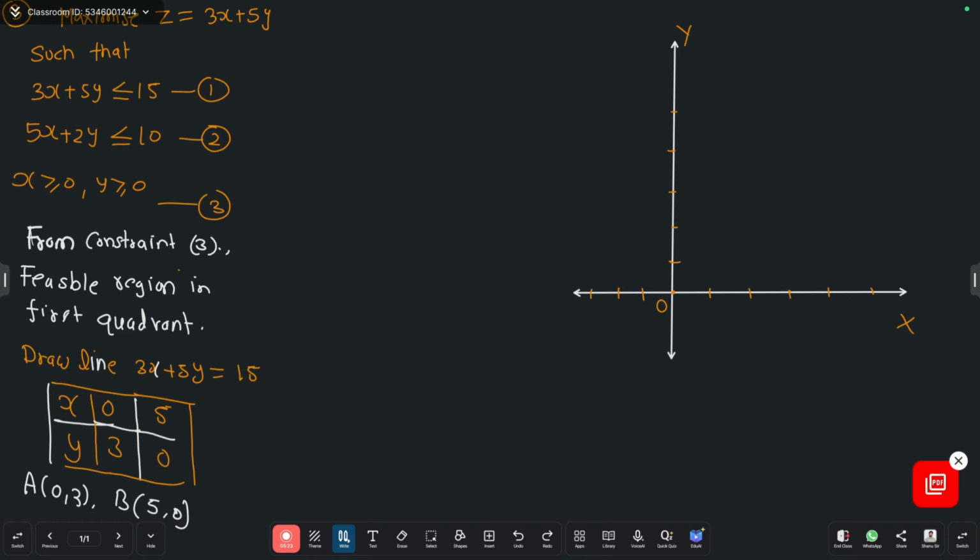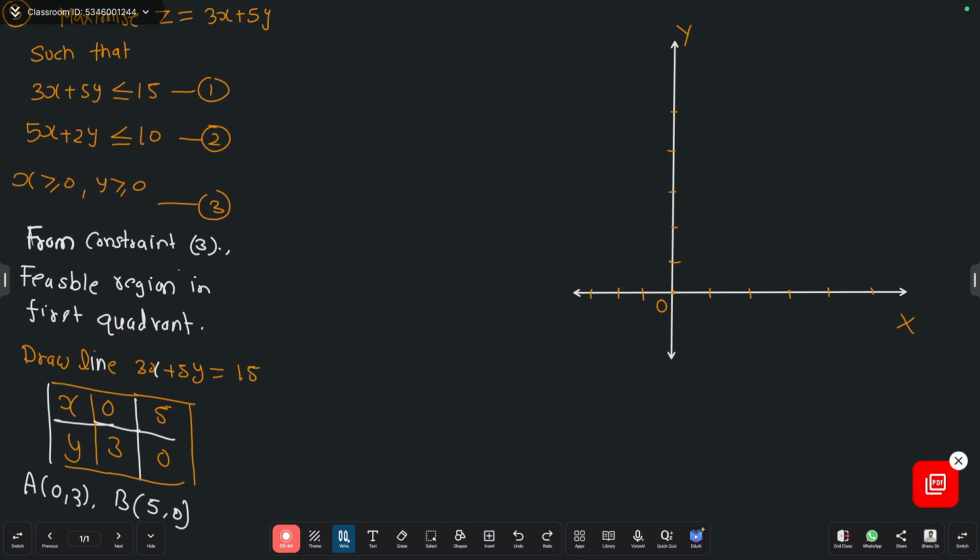When you plot the graph, you do some scaling also. No problem here, only 5 points are there. So 1 unit scale: 1 centimeter equals 1 point here. So draw the same, 1, 2, 3, 4, 5.